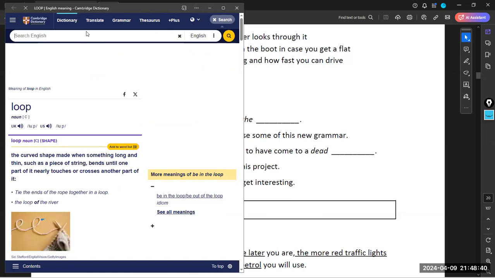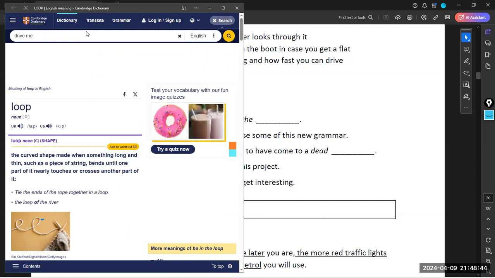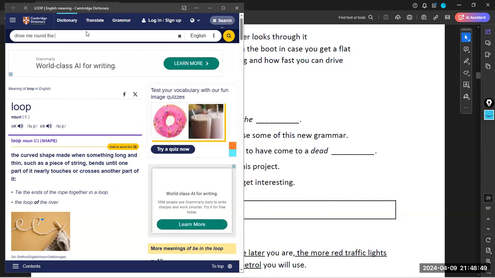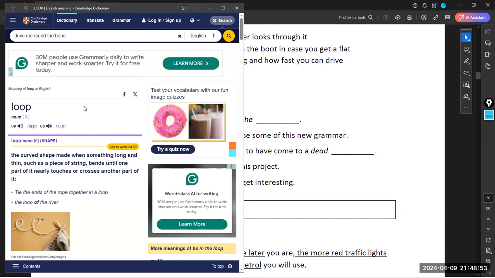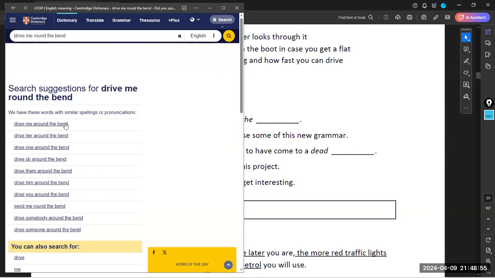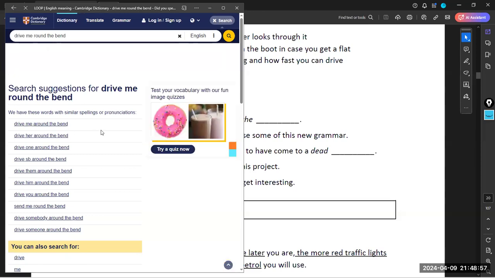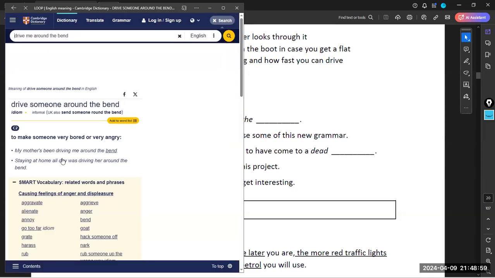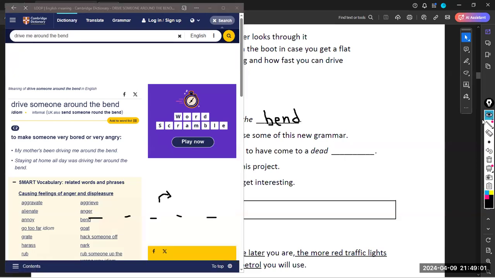This is drive, this is me or someone, round the bend. Exactly, this is it. Okay, so this is the meaning of this idiom.